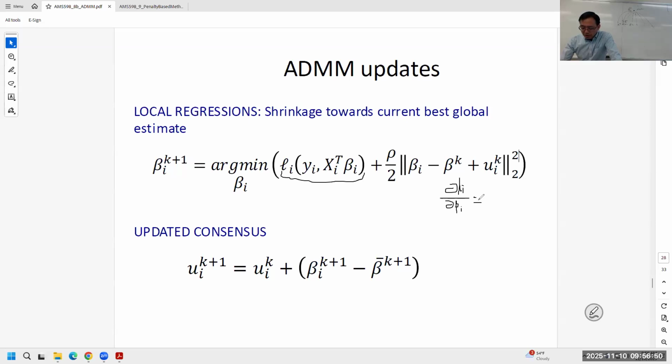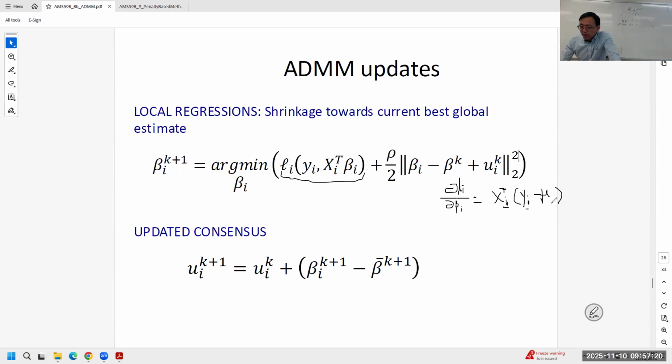This essentially is equal to X_i transpose, I hope you still remember, (y_i minus mu_i). Here i refers to the second data.